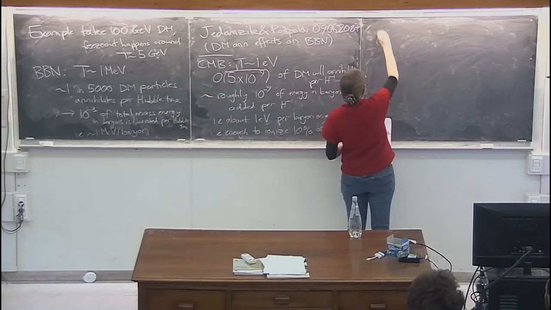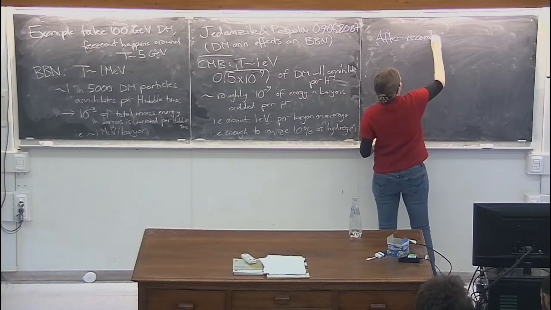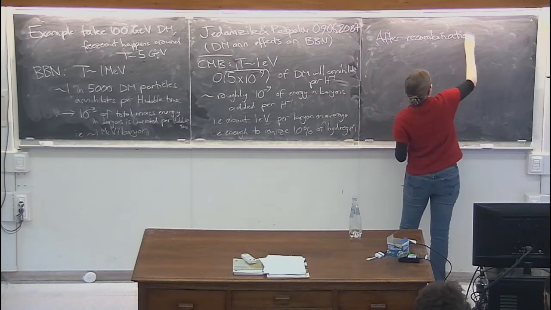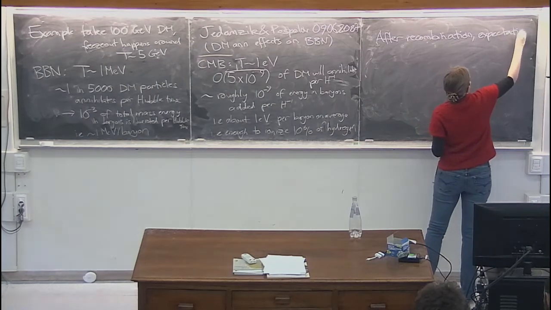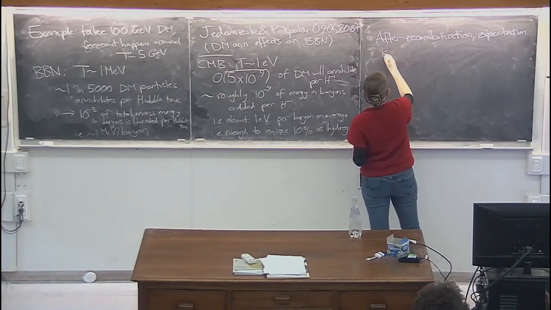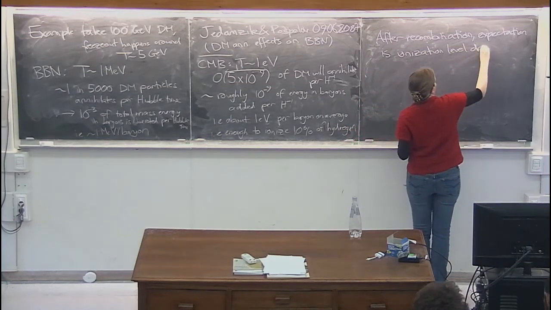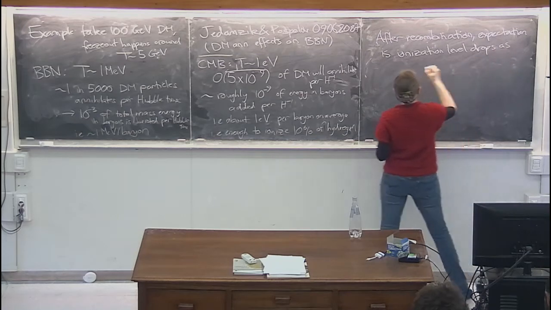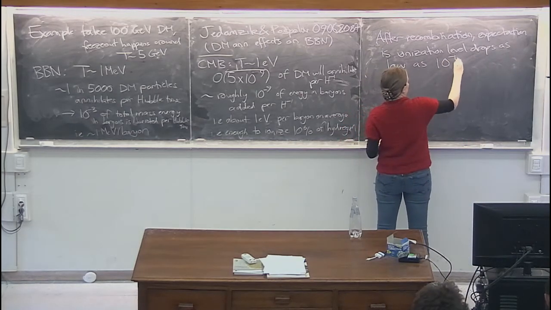So after recombination, the expectation is that the ionization level drops as low as 10 to the minus 4.